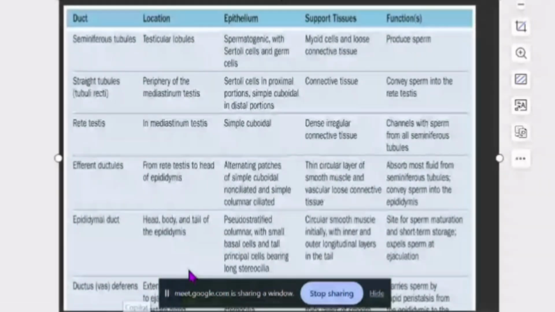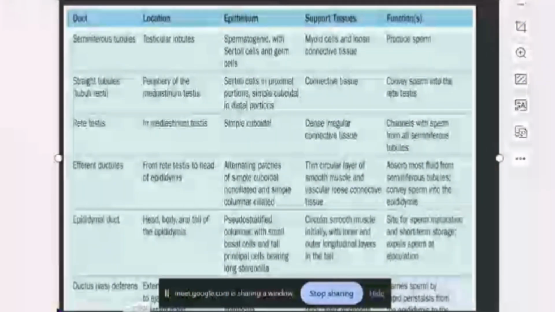For those who have opened Gray's, what we need to understand and appreciate is that the epithelia moves in a trend. Your seminiferous tubules have spermatogenic epithelia and Sertoli cells. The straight tubules that follow the seminiferous tubules have Sertoli cells in the initial part, and as you go more distally, you have simple cuboidal epithelia.